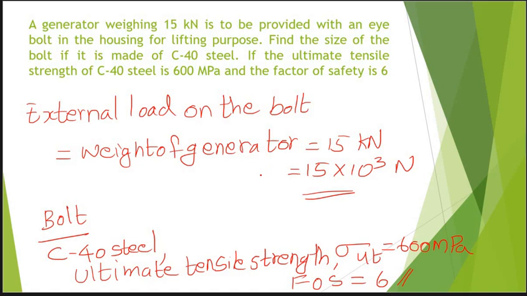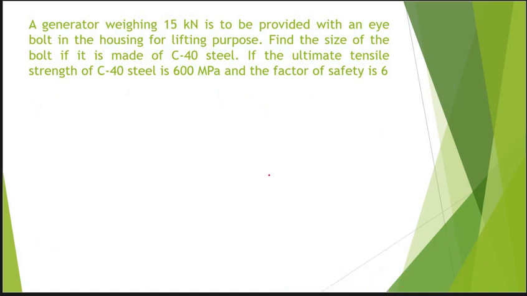Now we have to find the size of the bolt. From this given data, first we have to find the permissible tensile strength of the material. So we have a definition for factor of safety.